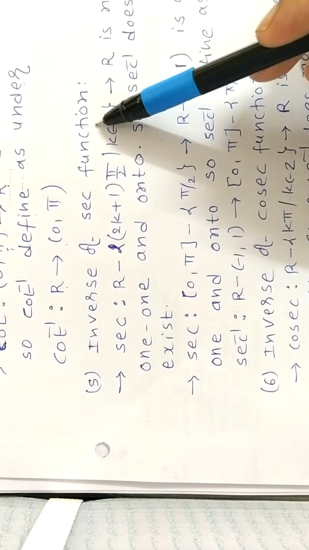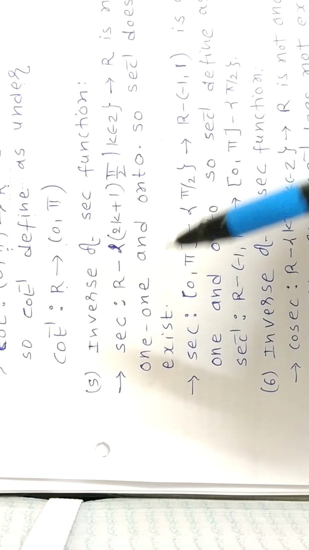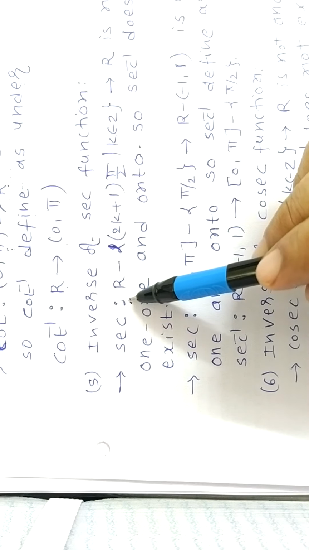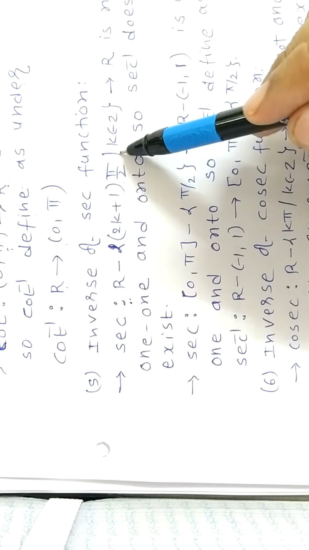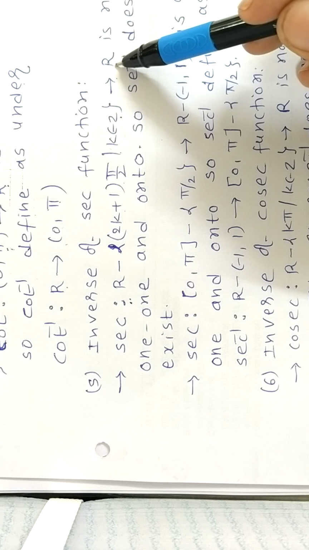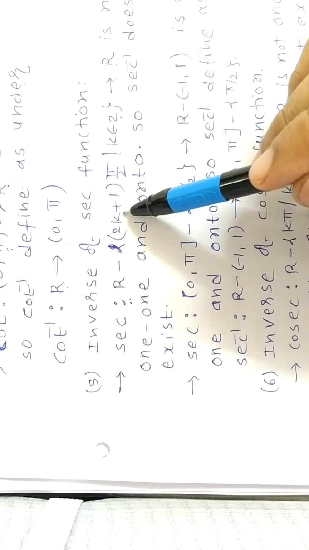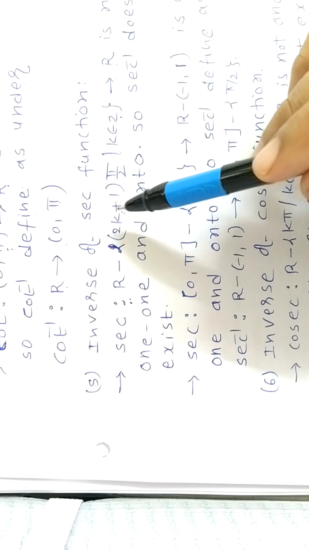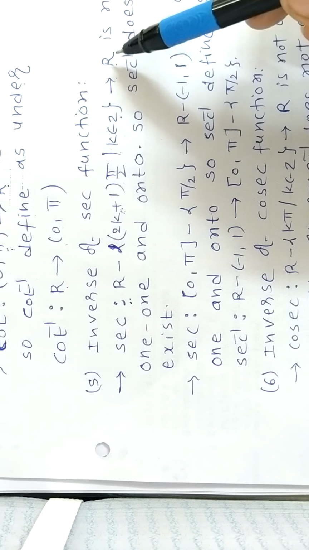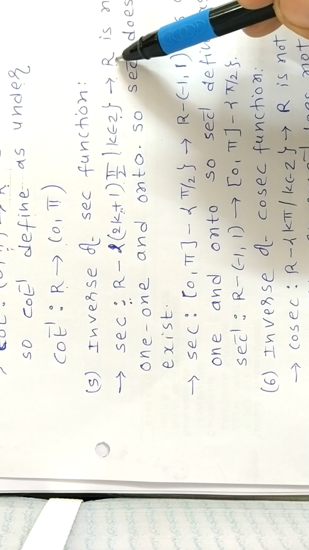Now inverse of sec function. The domain of sec function is R minus (2k plus 1) pi by 2, k belongs to Z, and codomain is R. In this domain, sec function is not 1-1, and in this codomain, function is not onto.